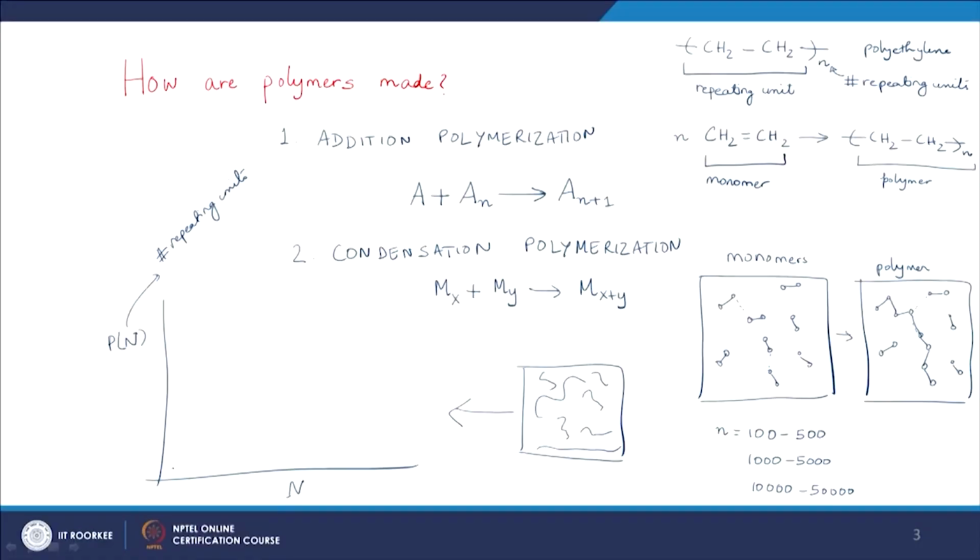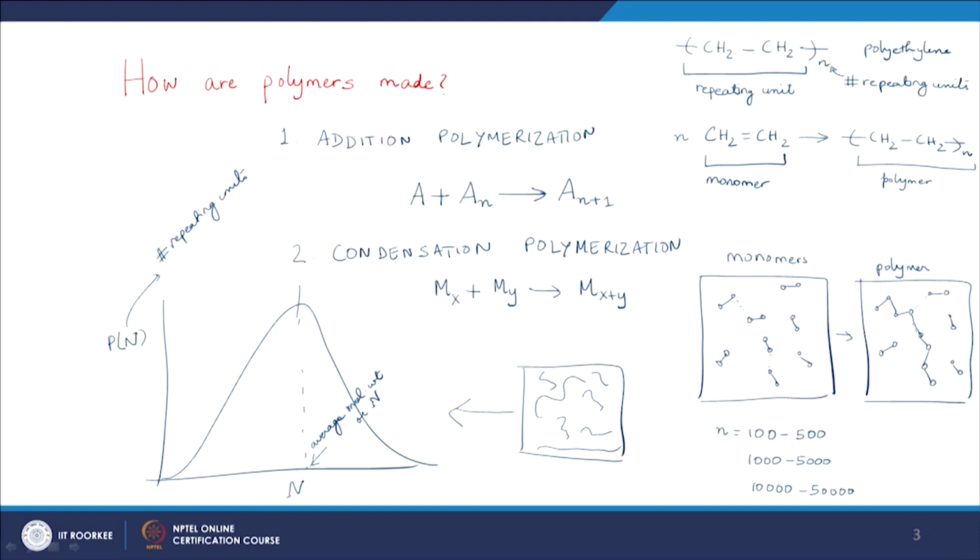So, in most cases you will have a distribution that looks like a Gaussian distribution. So, you will have some sort of an average molecular weight or N. So, I am using N for two things.